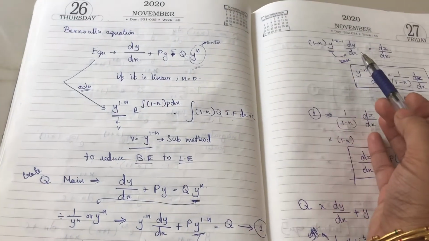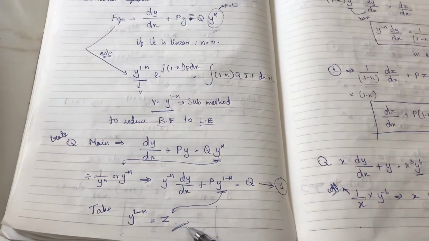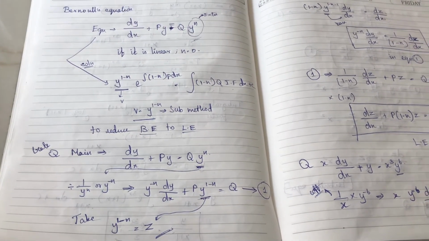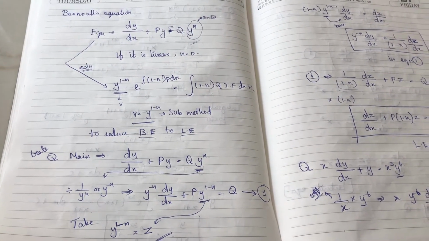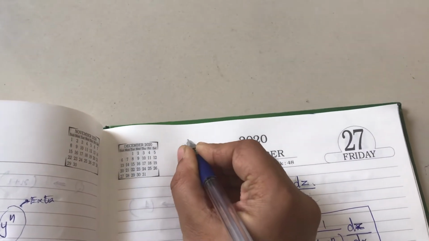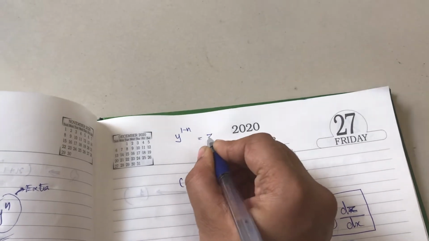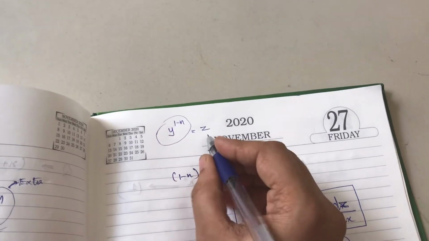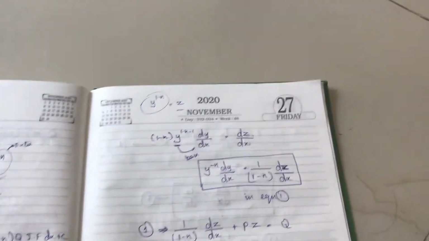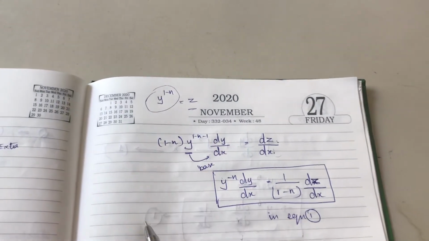So this is the differentiation of this term. Like you can see here, y power 1 minus n equal to z. This is the p coefficient. I have taken this as z, right? After that, we are going to differentiate it.